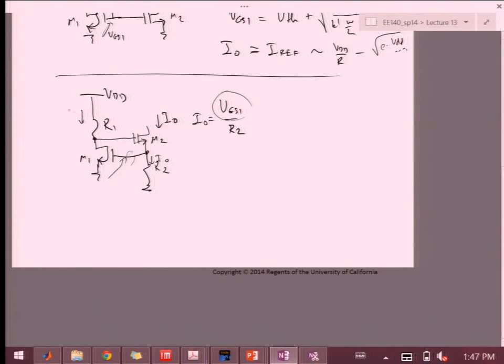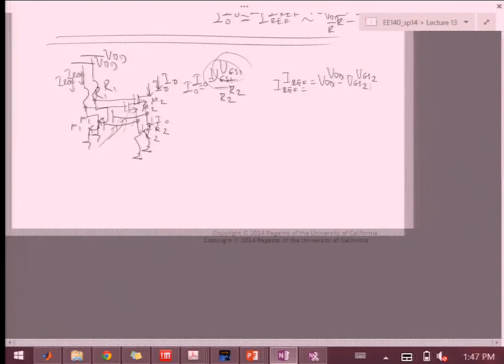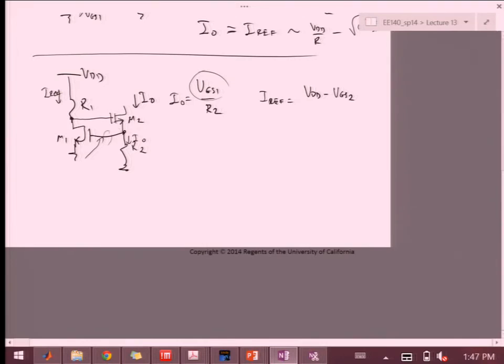Now IREF, I write it as VDD minus VGS2, which is this drop over here, and then minus VGS1, over R1.